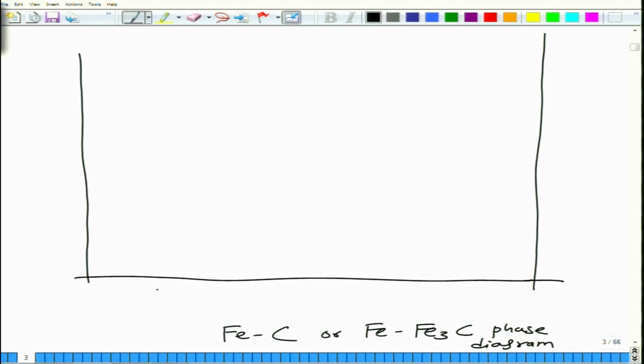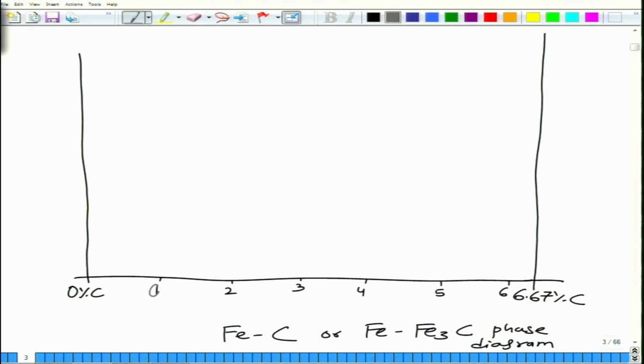So, let us say I have, so this is 0% carbon, this is 6.67% carbon. Let me do one thing, let me just truncate, let me just expand on this side and contract on that side.